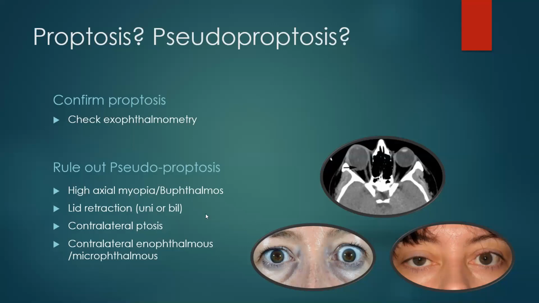Also, other causes like lid retraction, unilateral or bilateral, and contralateral ptosis in the other eye can give a false impression of proptosis in the normal eye. And contralateral enophthalmos or microphthalmos.